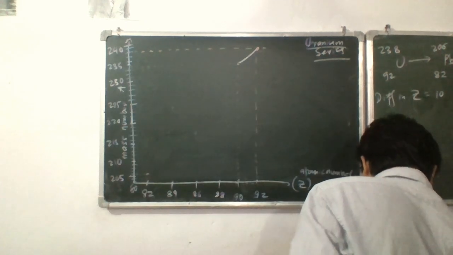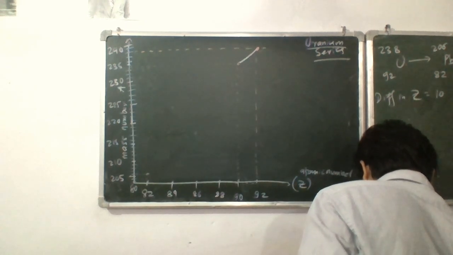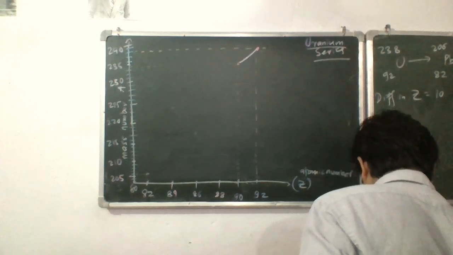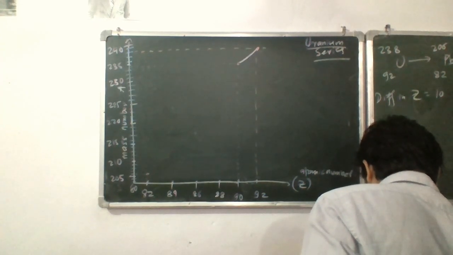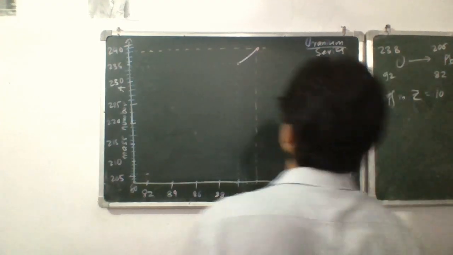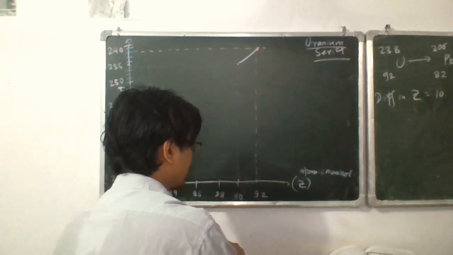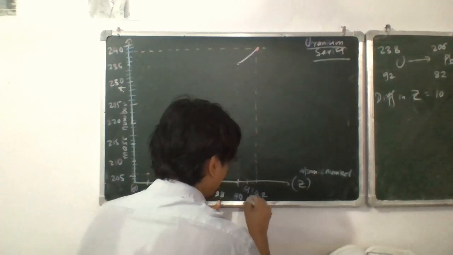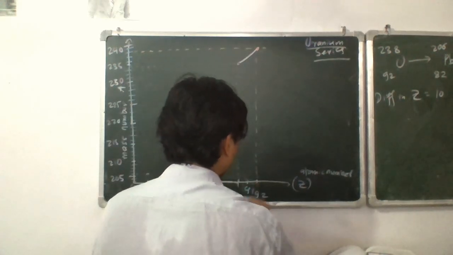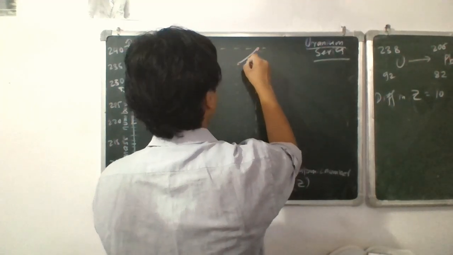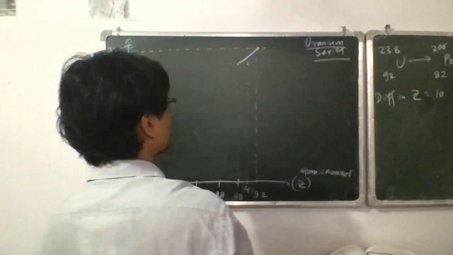It doesn't change the weight, rather it changes the number of protons. For that, it does a beta decay, and that would lead us to 91. 91 would be somewhere like here. So for 91 and 234, we would get a point here.